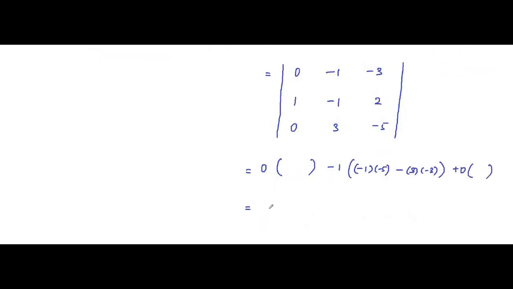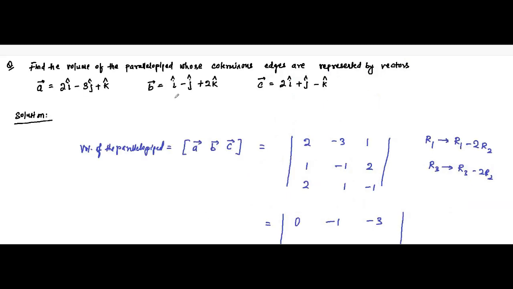So this becomes minus 1 into 5 minus 9. So this becomes minus 5 minus 9, which is equal to minus 14. As volume cannot be negative, it is the modulus of that, so this becomes 14 cubic units. Only the magnitude is taken into consideration. That is the volume of this parallelepiped with its coterminous edges represented by these three vectors.